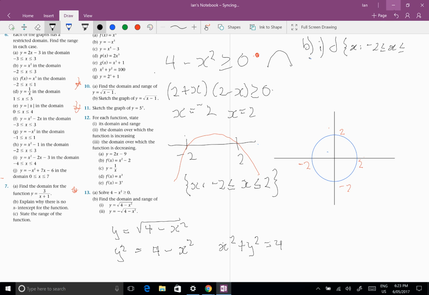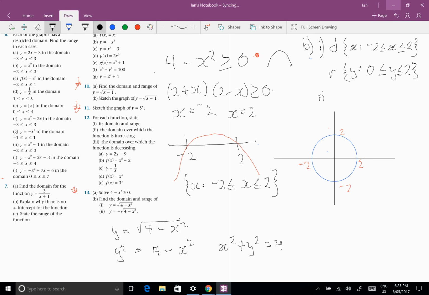And the range is y such that, well, it's the top half. So 0 to 2.